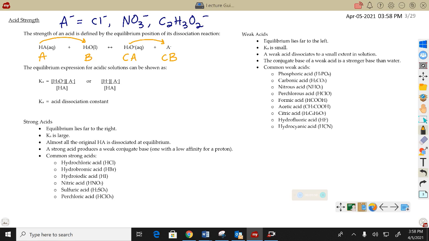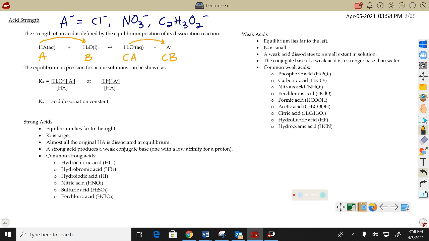It can accept hydrogen, remove hydrogen from the solution. So here's a typical equation for any acid, where A minus just represents the conjugate base, the negative ion that's attached to the hydrogen.